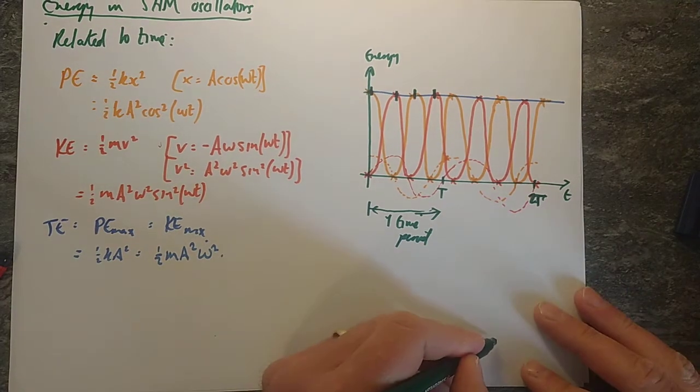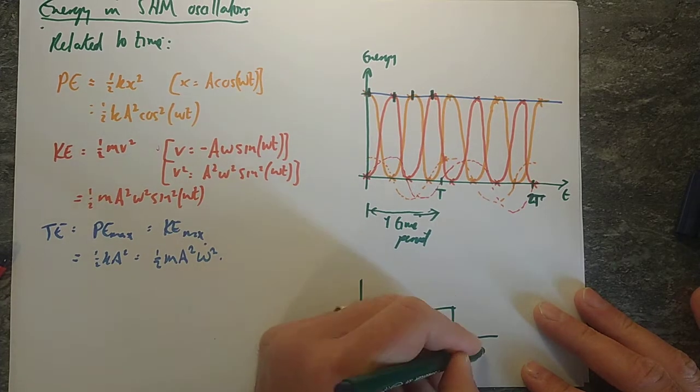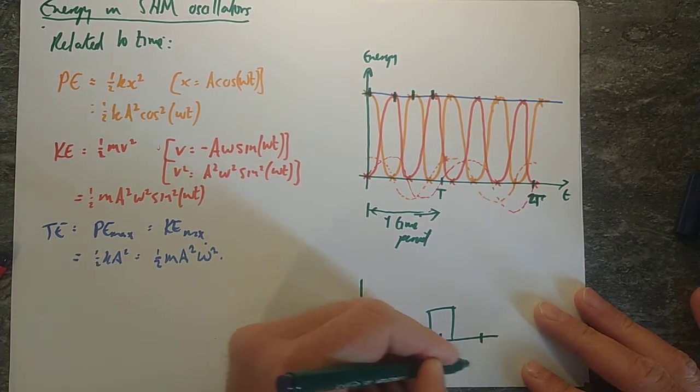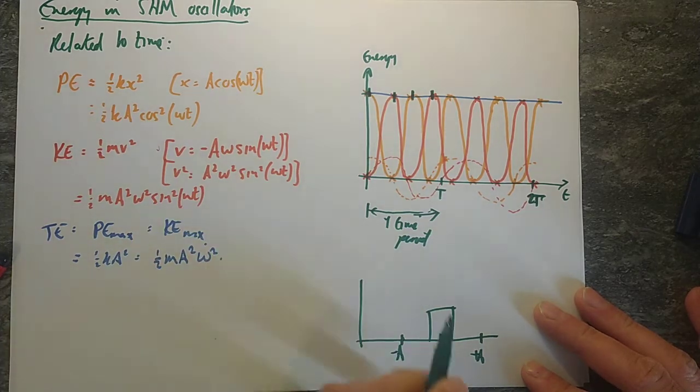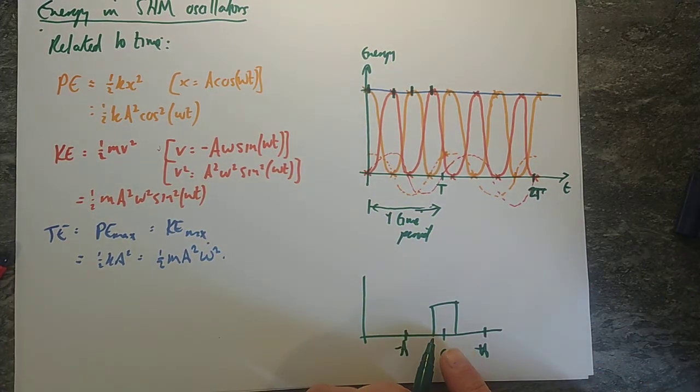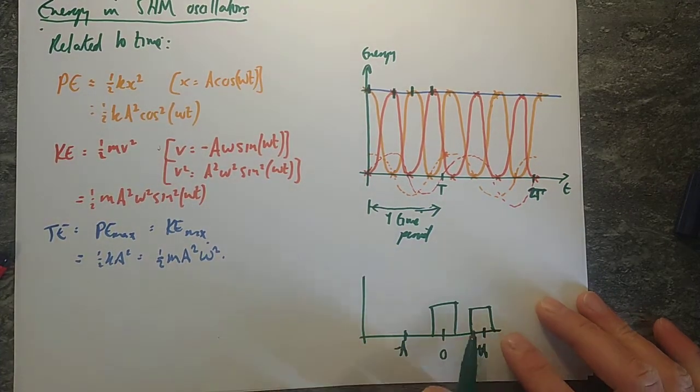And this is, if we go right back to our mass on a spring, that's what we'd expect. So if we start it, we've started at a potential energy peak, so we've started here, and in one time period it goes from here back to here and back here again.